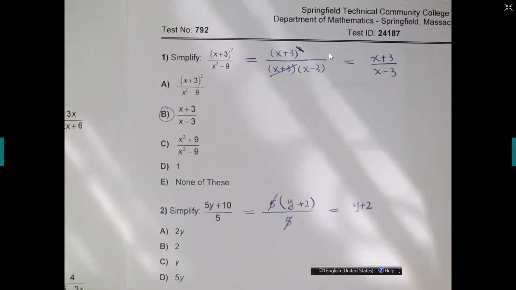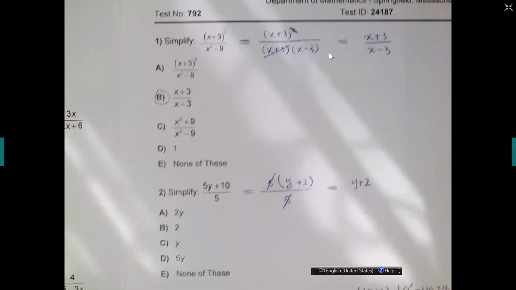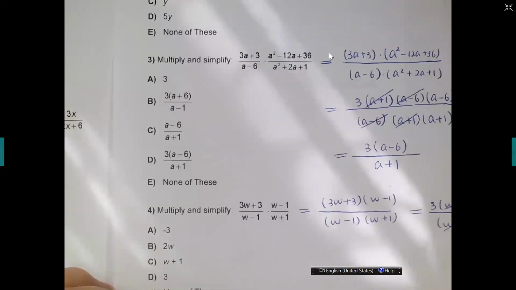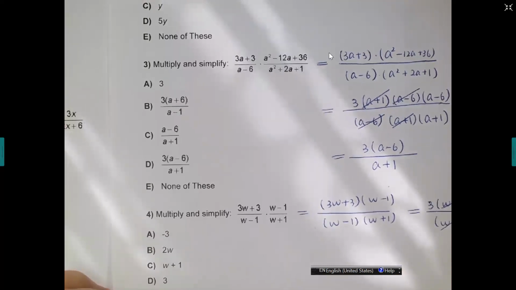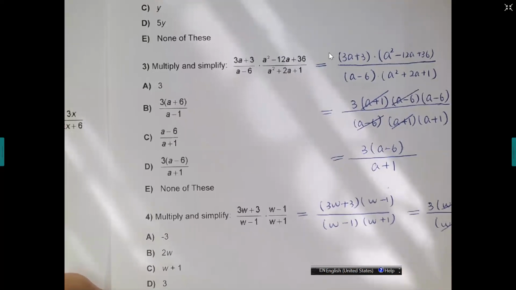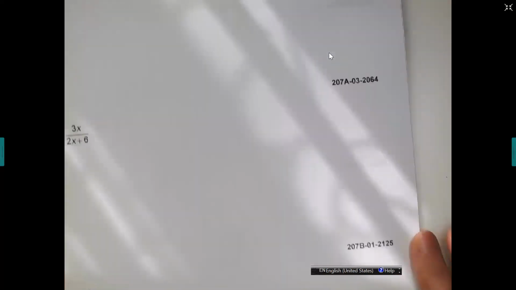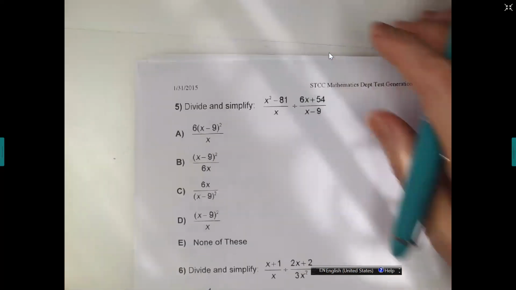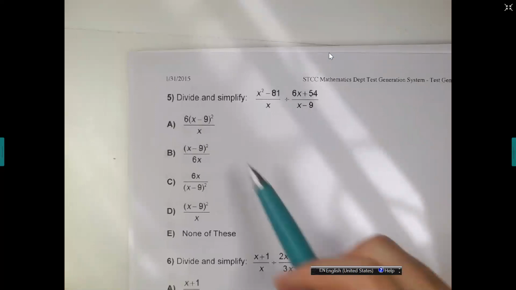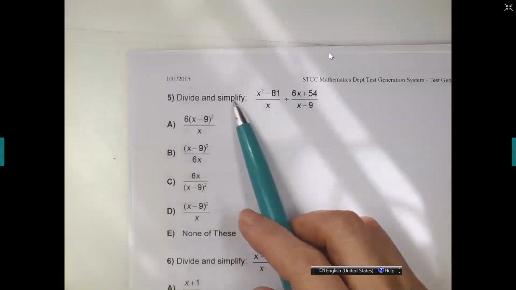Now let's go back to the first 4 problems. We have the simplification problem, and then we have 2 multiplication problems. Think of what we might see next. Okay, division. So we have done multiplication. Now we will be given some division problems. So number 5 and 6. The problems are given like divide and then simplify.